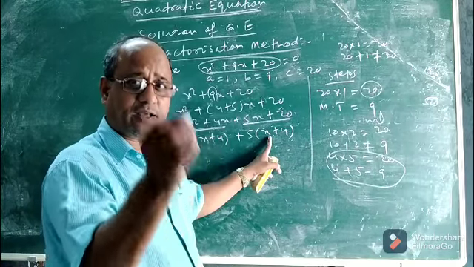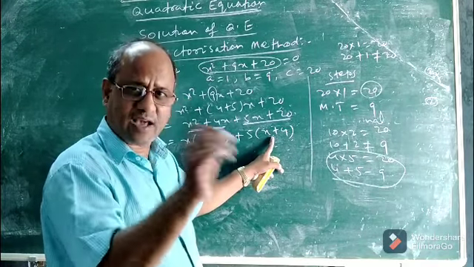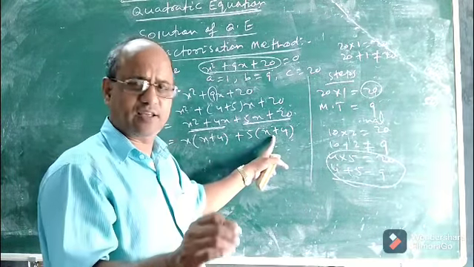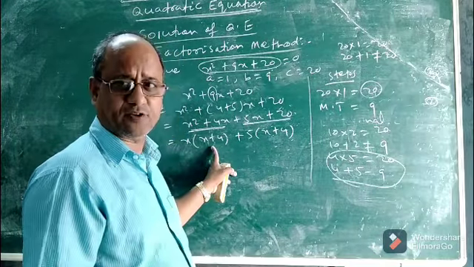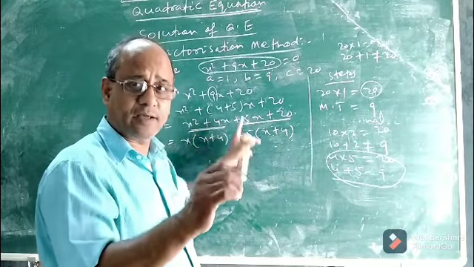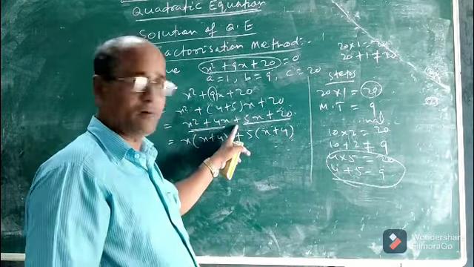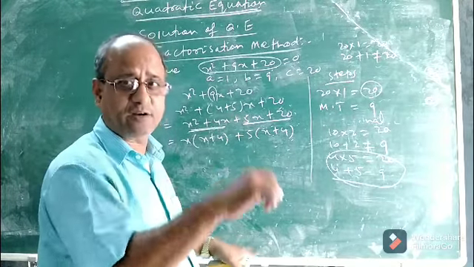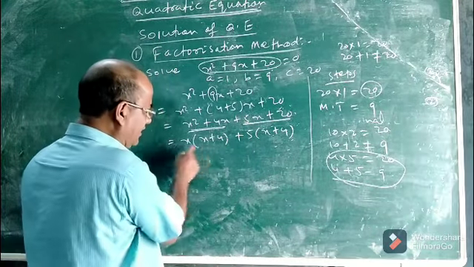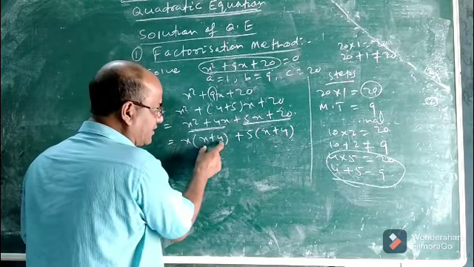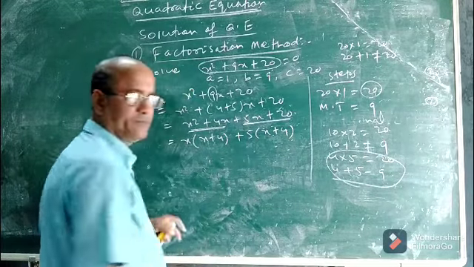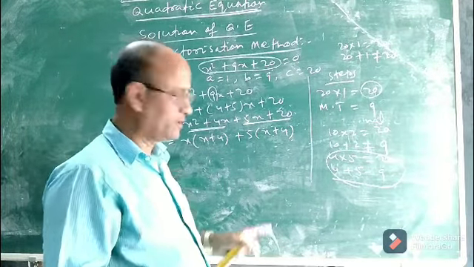If you got any change, any sign change, if it is not the same as this expression, then there must be some error either in the common factor or in the breaking, so you check it once again. After taking common, whatever comes here, the same thing should come here. Okay, it is very important.